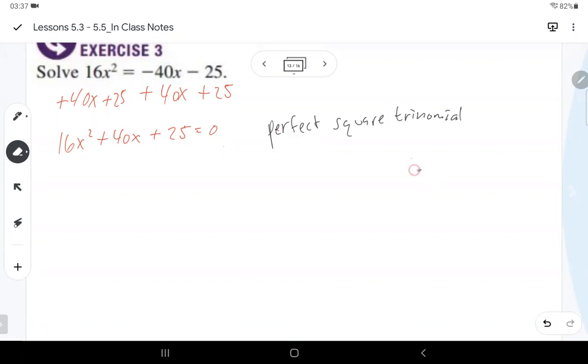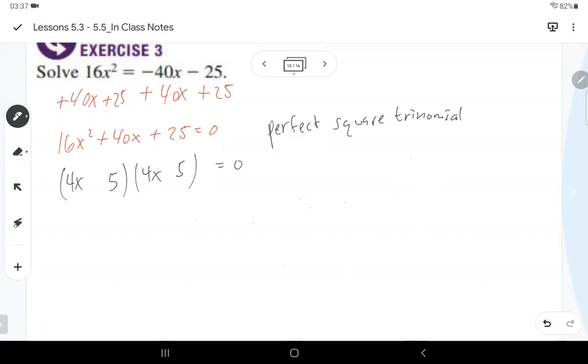That being said, you can then go straight to parenthesis sets. The perfect square of 16x squared is 4x. The perfect square of 25 is 5.